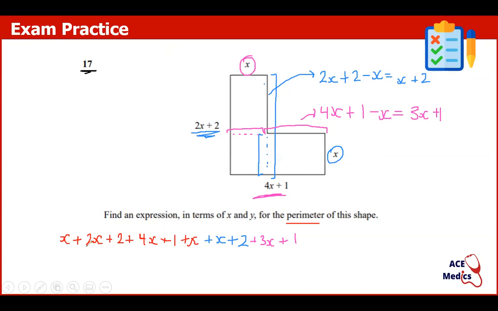We've got 1x plus 2x, that's 3x, 7x, 8x, 9x, 12x, plus 2, 3, 4, 5, 6. 12x plus 6. Cool. Does that make sense to everyone? If you don't understand, send me a message.